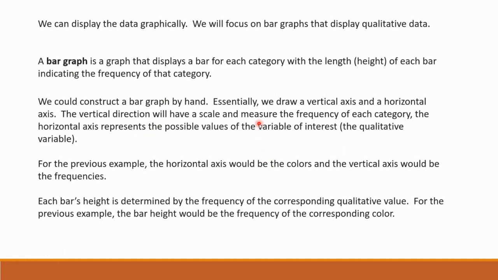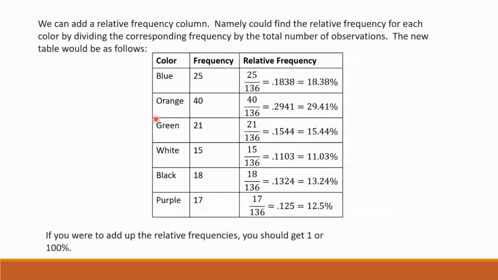Basically, again, like when you're drawing the X and Y axis in other math courses, you have a vertical axis and a horizontal axis. On the vertical axis, you have your frequencies. On the horizontal axis, you have the values of the qualitative variable. So if we went back to this frequency table, on the horizontal axis we would have blue, orange, green, and so on.